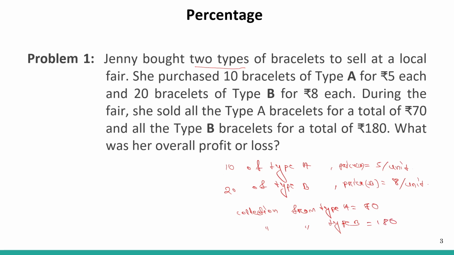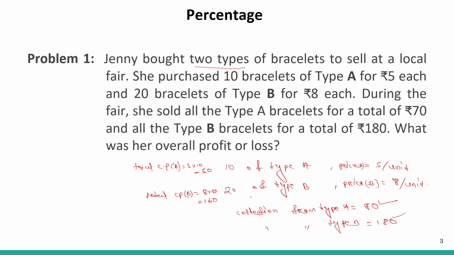If the per unit price is 5 for type A, then for 10 the total cost price for A is 5 into 10, that is 50 rupees, and the total CP for B is 8 into 20, which is 160 rupees. So for type A, she invested 50 rupees and got 70 rupees. For type B, she invested 160 rupees and got back 180 rupees.